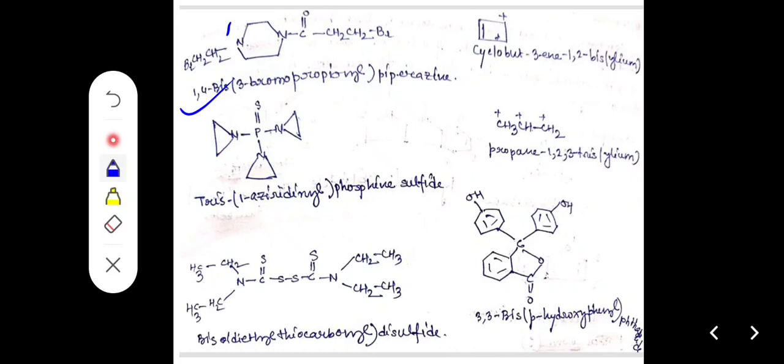If we consider 1, 2, 3, 4. 3-bromo propanoyl, 3-bromo, 1, 2, 3.